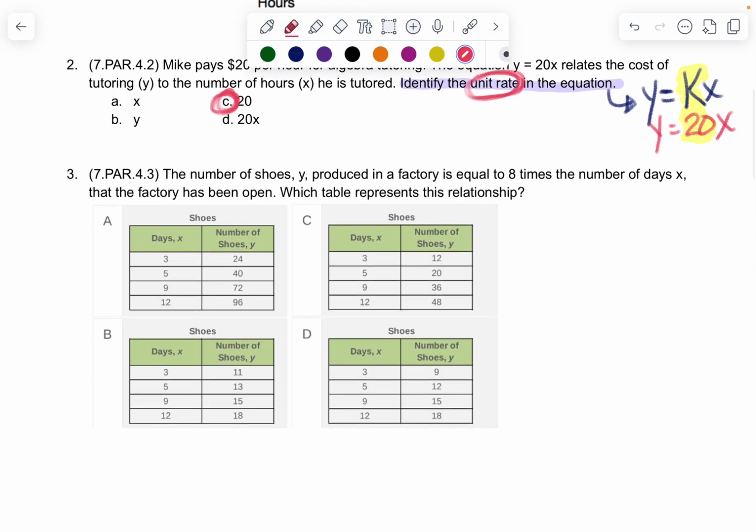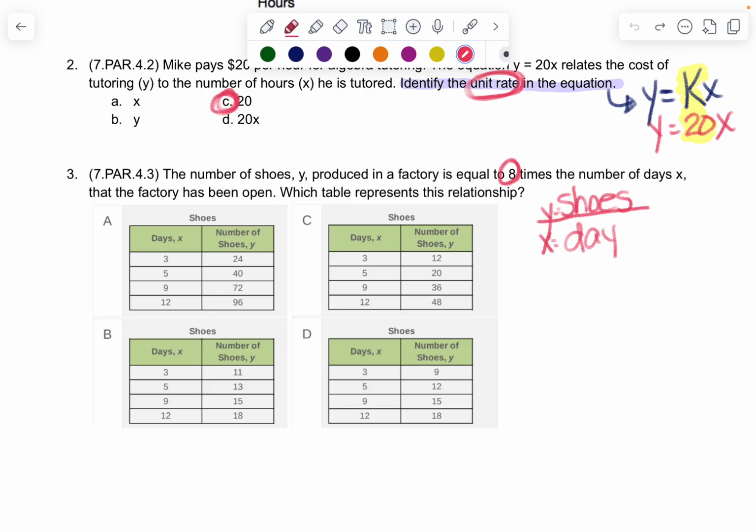Number 3. The number of shoes Y produced in a factory is equal to 8 times the number of days X. All right, so let's write that for a minute. The number of shoes Y. So Y is the shoes. I'm going to write that as Y over X for just a minute. And X is the days.